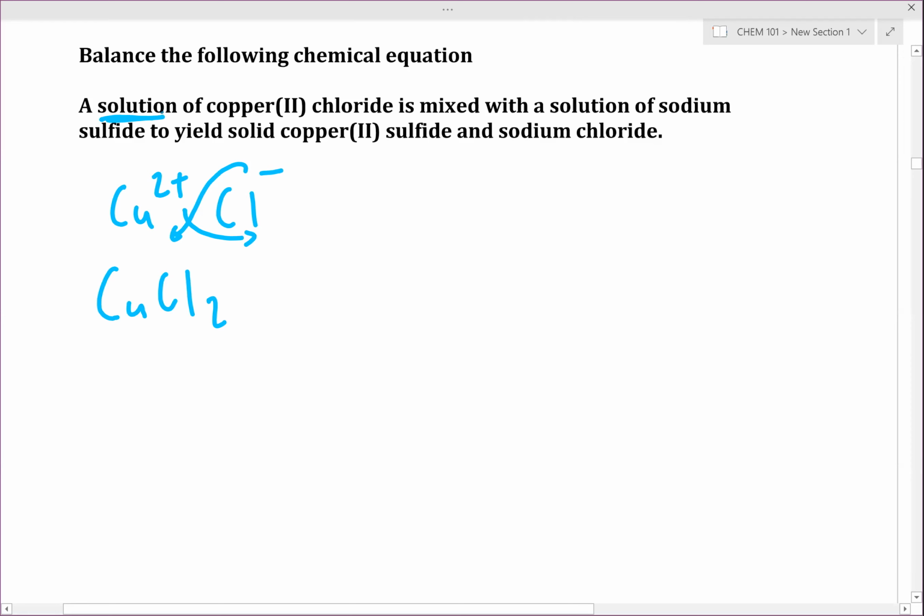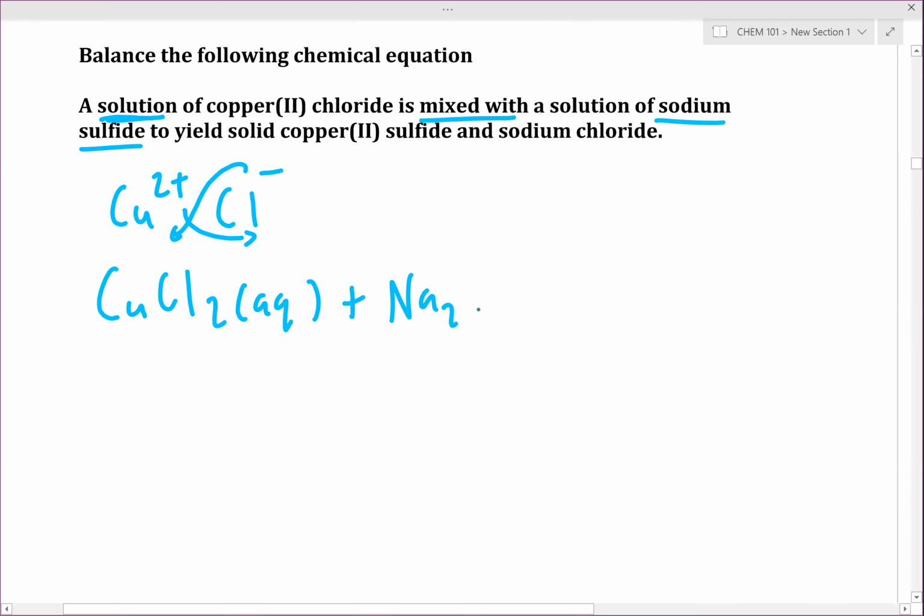So the key word for a solution, since it's a solution of copper chloride, what state symbol do we put? Aqueous. Okay. And now we're mixing with, combined with, so what symbol do we put? Plus. Okay. Sodium sulfide. Would someone like to volunteer a formula for sodium sulfide?